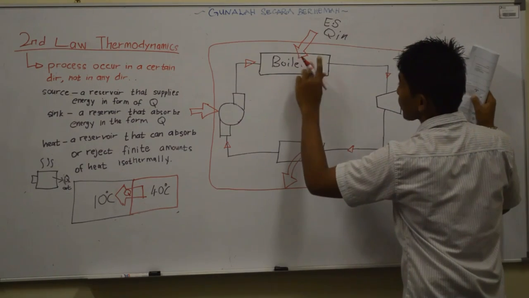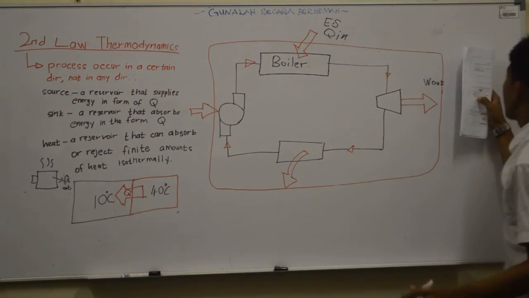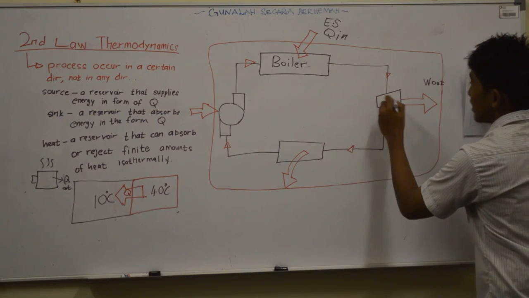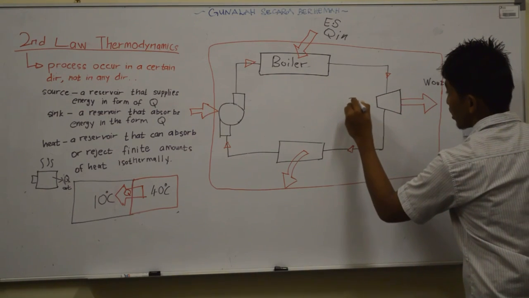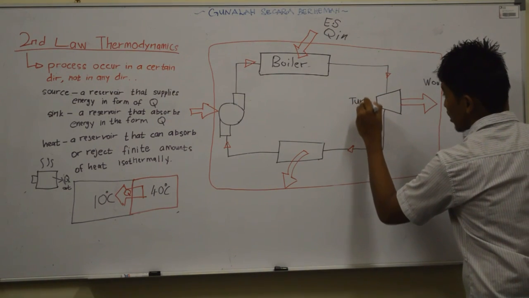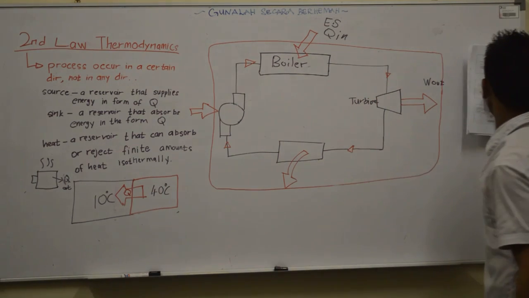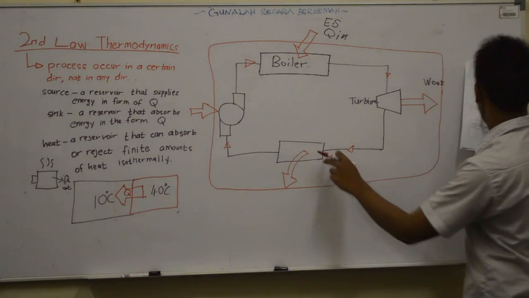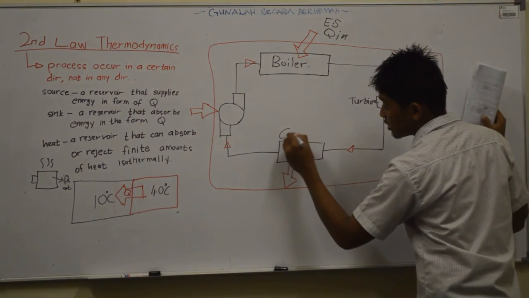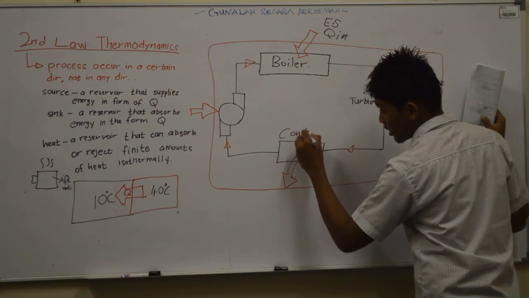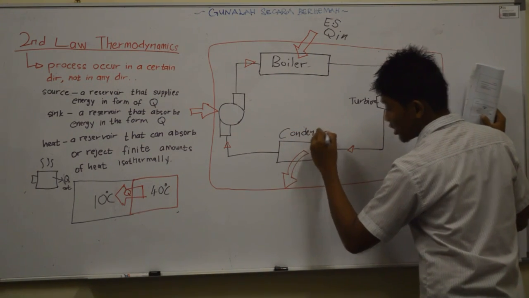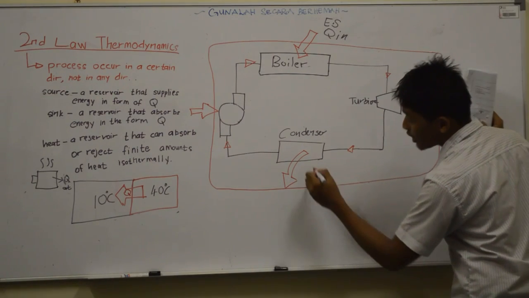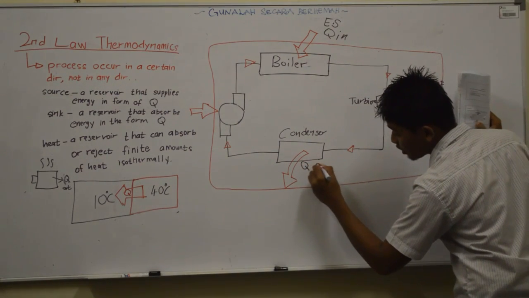Then the work will be output at the turbine. This is the turbine. And then at the bottom is the condenser. This is the part where the heat will be released or queued out.